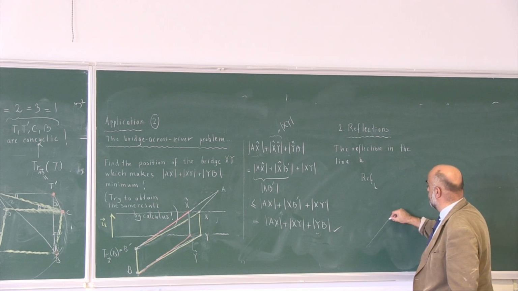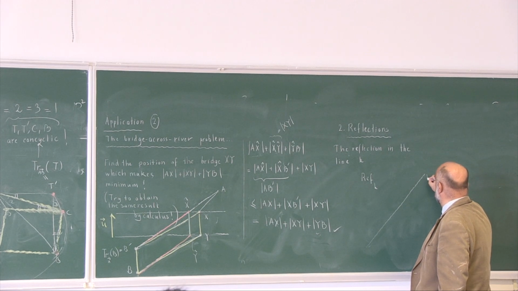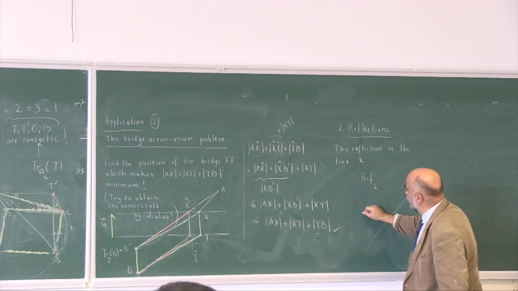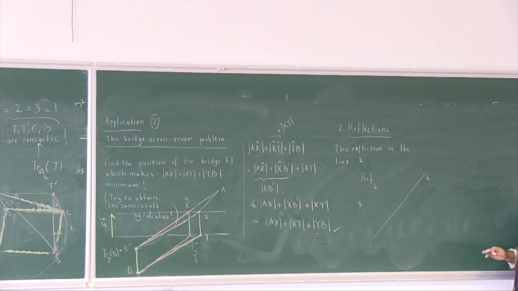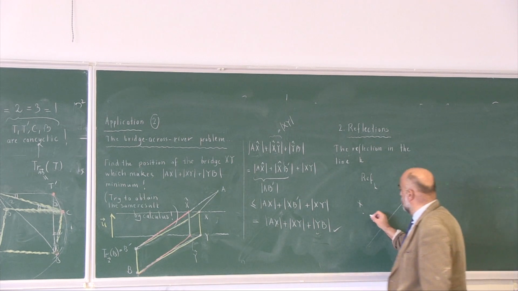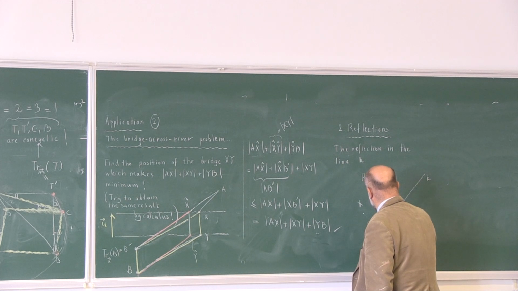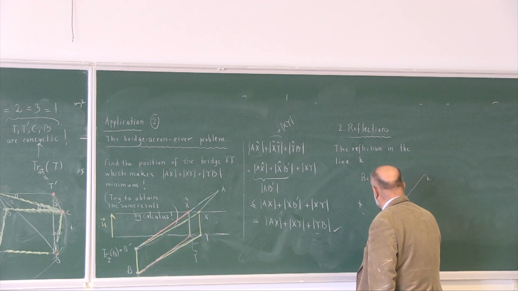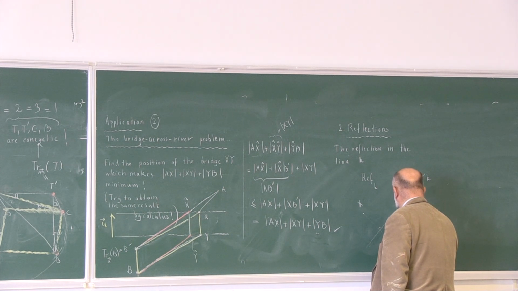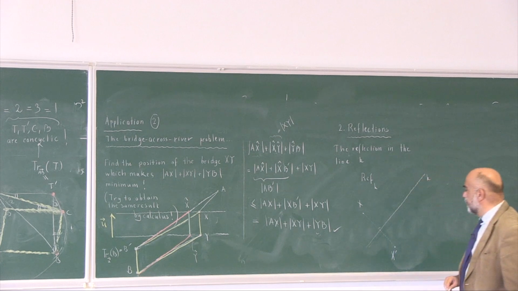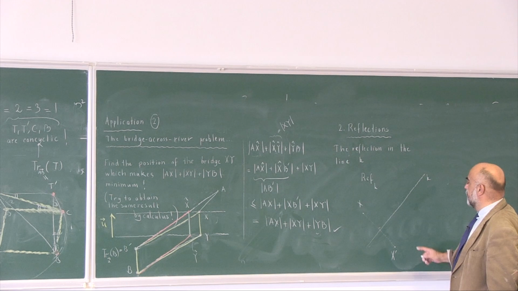So you've got this straight line K, and to find the reflection of any point x in the plane, and let me take x for the moment not on K, all you have to do is to drop a perpendicular from x onto K, and then produce it until you find a point x prime, which has the property that the straight line K is the perpendicular bisector of x prime.